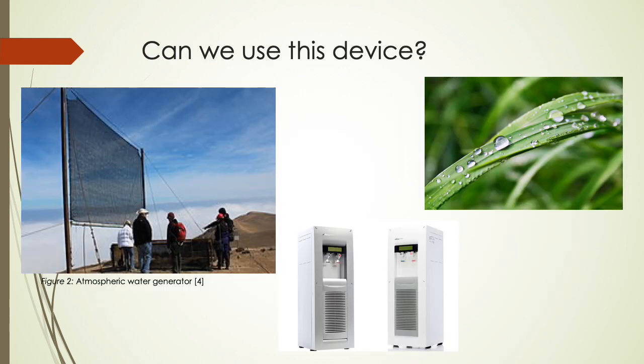So now is the final question. Can we use this device? The answer is yes, we can use this device for agriculture where there is a lack of water, or we can use it for making drinking water. There is already an existing device to make water. All you have to do is just plug it into electricity and the water will be filtered and ready to drink.